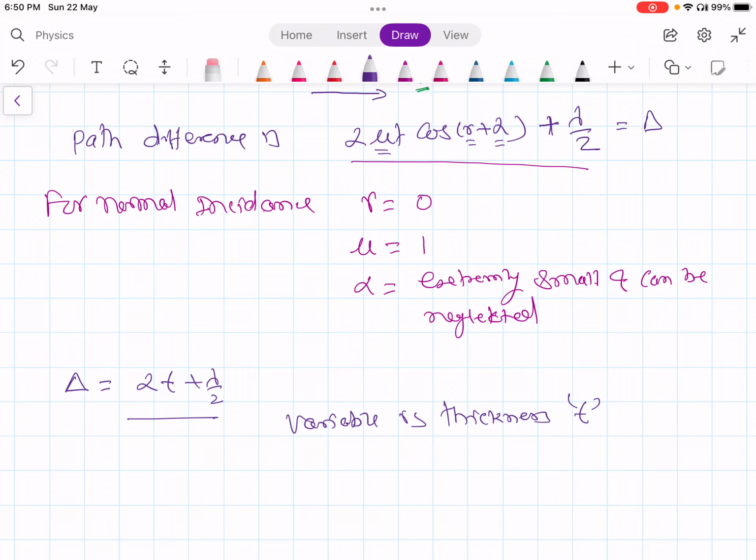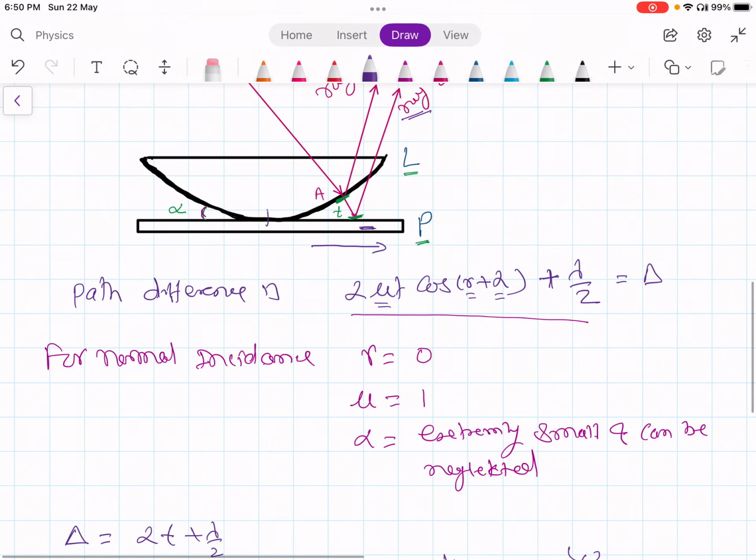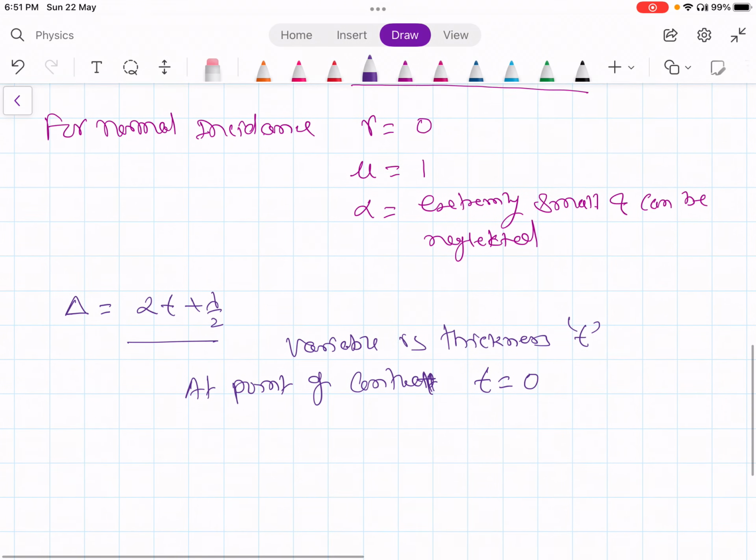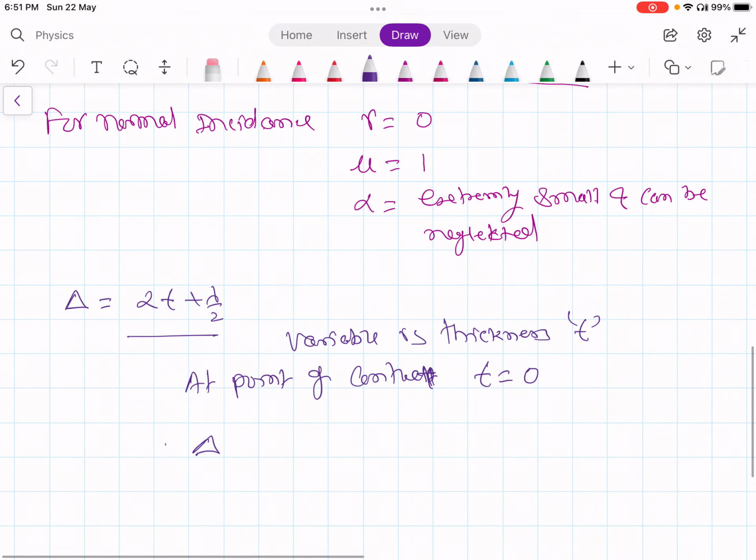At the point of contact, the thickness t equals 0, and therefore the path difference is lambda by 2. And a path difference of lambda by 2 is the condition for destructive interference.